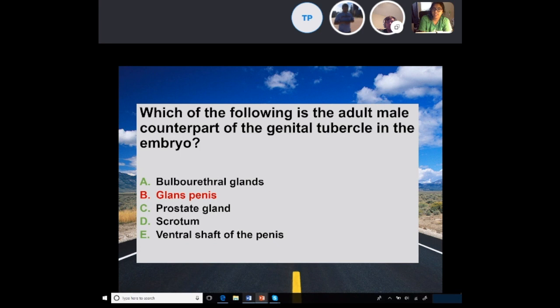A or C. Nice. Yes. A or C, correct? What if I said urogenital folds? E. Which one? E. Yes, urogenital folds. And this is the labioscrotal swelling. Very good.